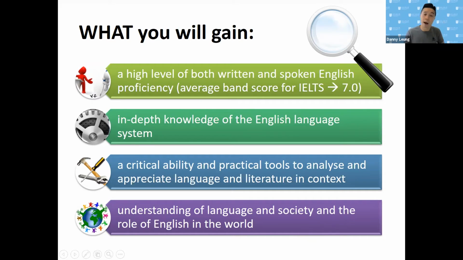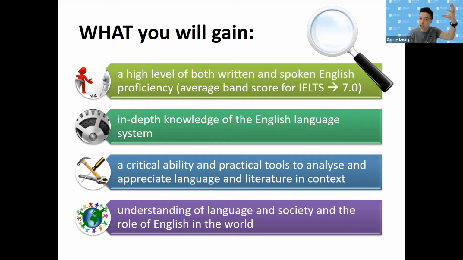Now, whenever we talk about society, not only are we talking about how English is used in Hong Kong, we're also talking about how English is used in different corners of the world, in Singapore, in Japan, or in places where English is spoken as the native language, the mother tongue, in the UK or in the US, say. We have to see how this language manifests different kinds of varieties.